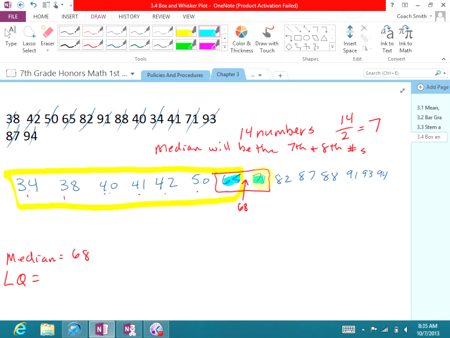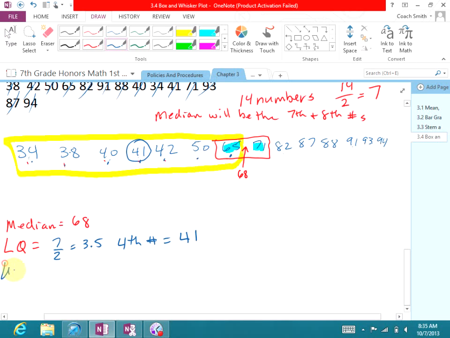I've got to find the median. So I have 1, 2, 3, 4, 5, 6, 7 numbers. So 7 divided by 2 would be 3.5. So it's the fourth number. So 1, 2, 3, 4. So my lower quartile is equal to 41.